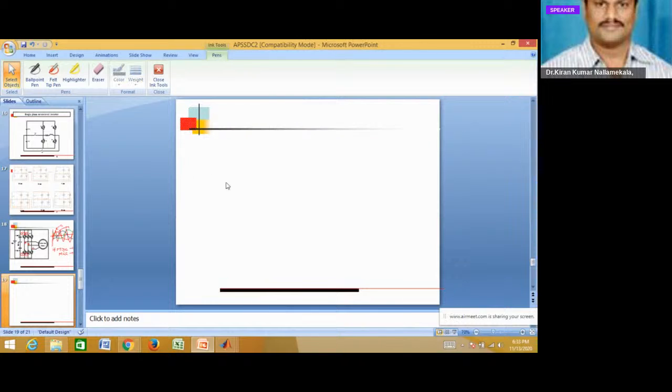In order to generate the gating signal for a 3-level inverter, the minimum requirement is one modulating signal and 2 carrier signals. A carrier signal is nothing but a triangular wave.